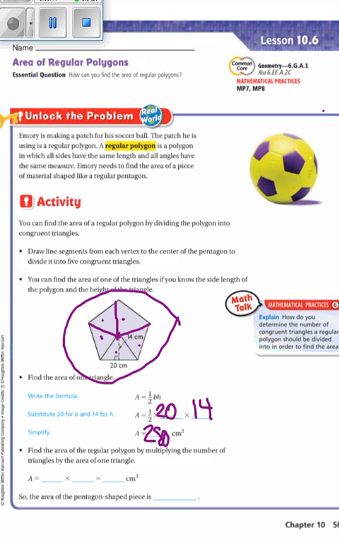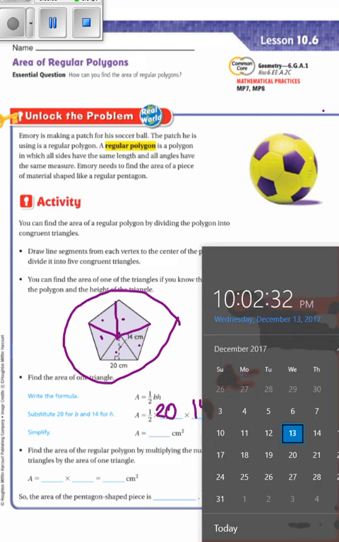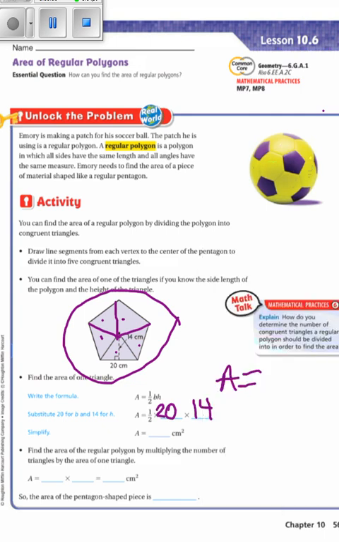Sorry, I made a mistake. 20 times 14 was 280, but then we have to take A, so area equals 1/2 times 280.